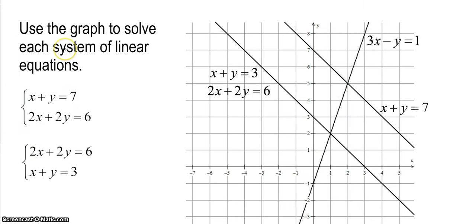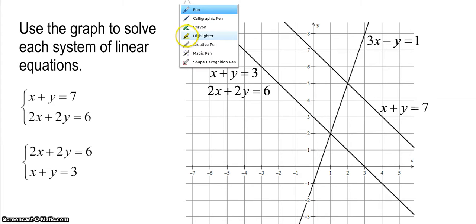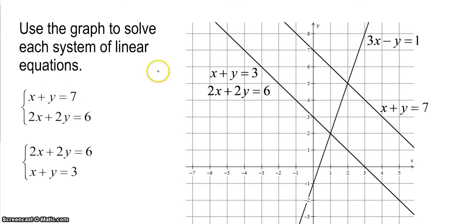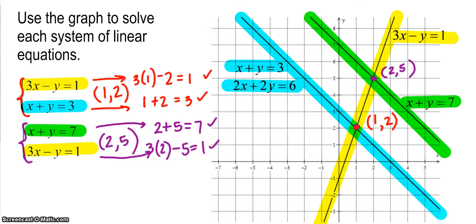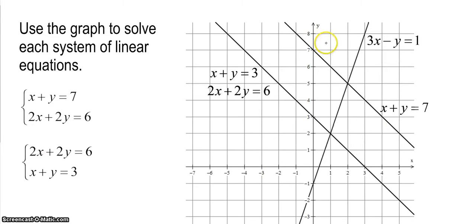Now these next two systems are pretty interesting because we're going to be looking at x plus y equals 7 along with 2x plus 2y equals 6.